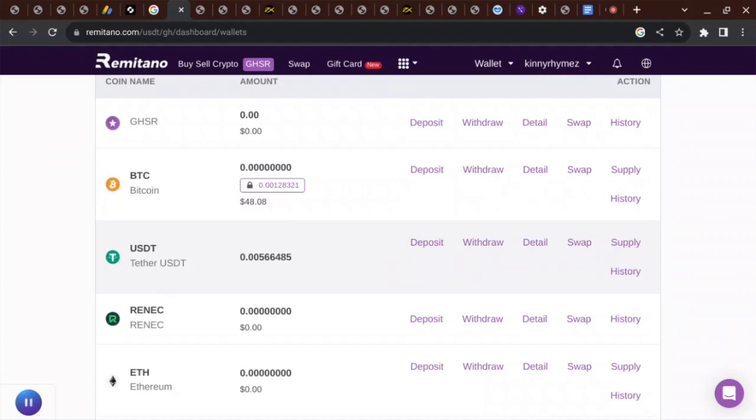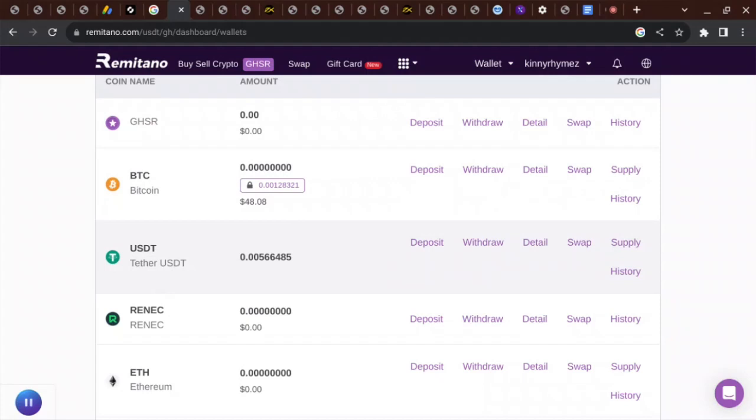If you're doing your withdrawal from Remitano, it takes time, unless you're transferring straight from USDT to USDT through TRC20, but at times too, it can take time. I will advise you to do this because when you go to Paxful and you're doing the trade, they have time limits.